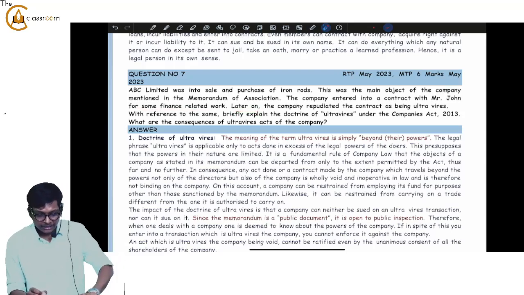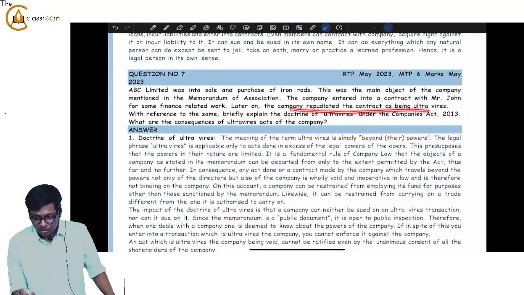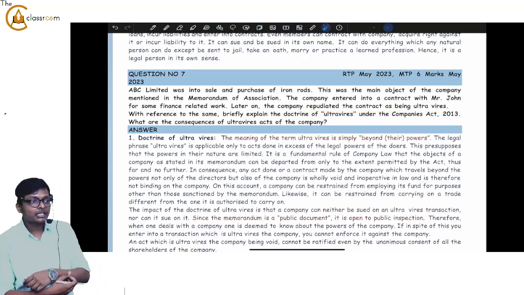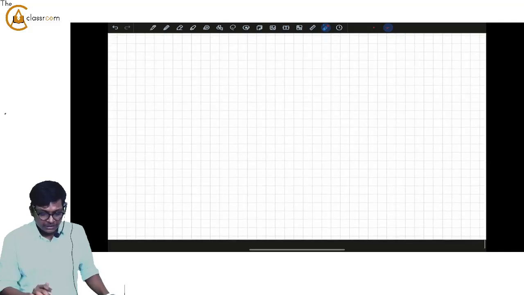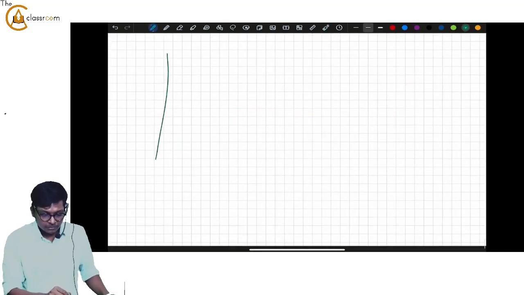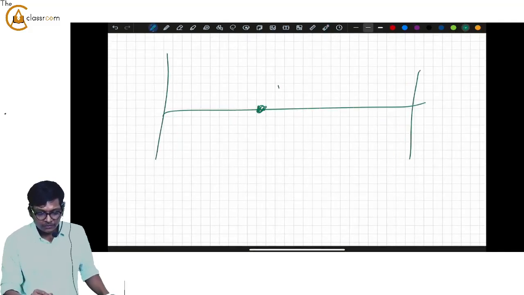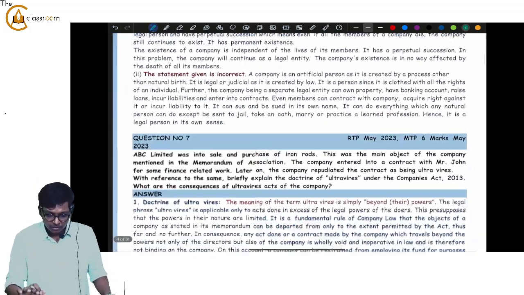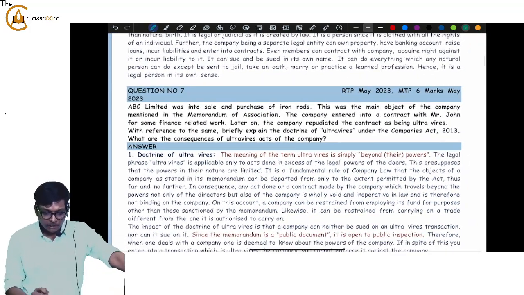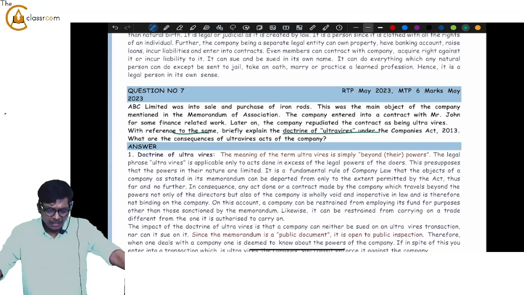Later on, the company repudiated the contract being ultra vires, meaning they entered into a contract for finance, and later on they cancelled it because it was ultra vires. With reference to the same, briefly explain doctrine of ultra vires.